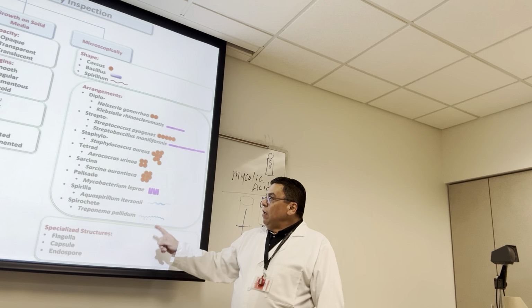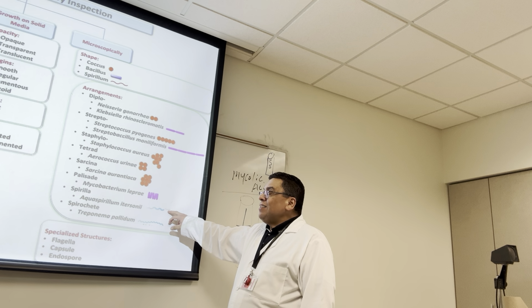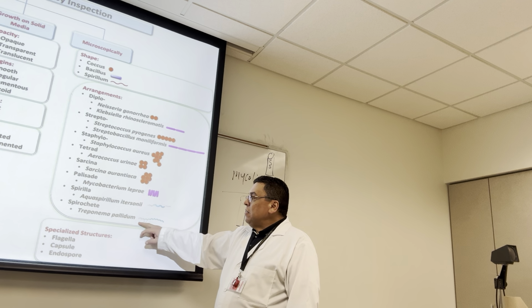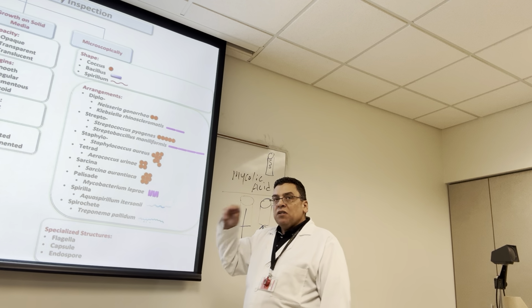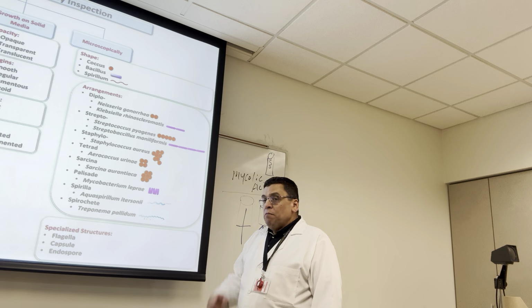The spirochete will also swim like this, but it can bend. The spirilla swims in a corkscrew manner but does not flex or bend. The spirochete also swims in a corkscrew manner, but can bend or flex.